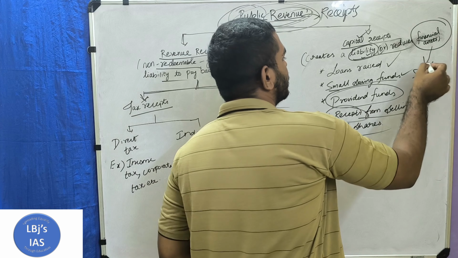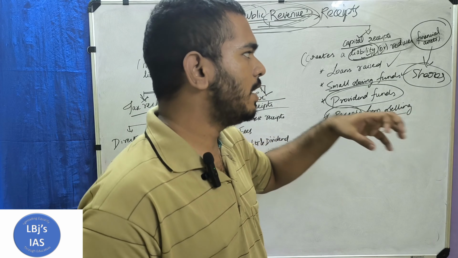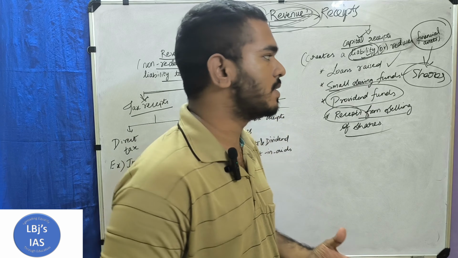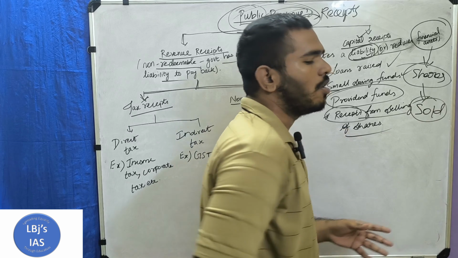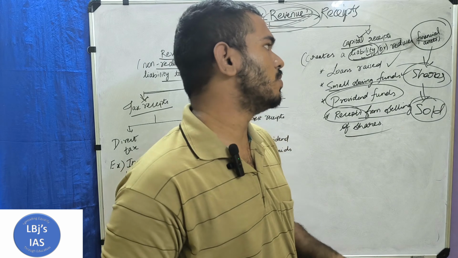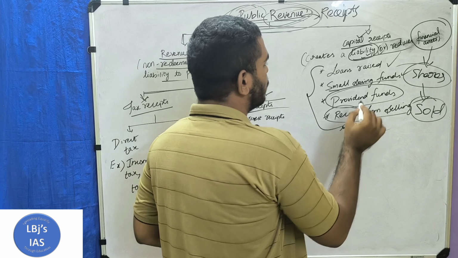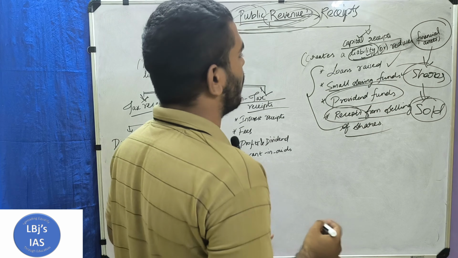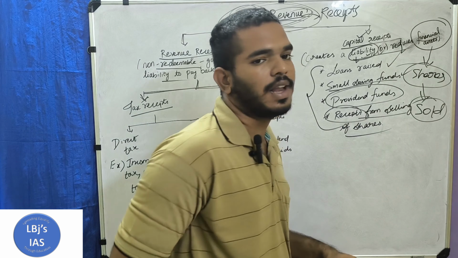When the government sells shares to anyone, it has no more rights over those shares. Because the shares were sold, the government's financial assets were reduced. So these four are the capital receipts for the government. They must either create a liability or reduce the financial assets.